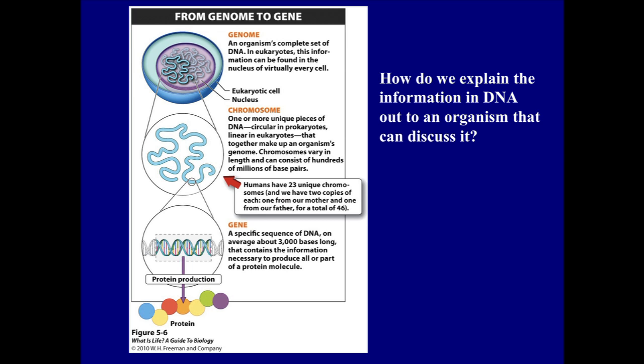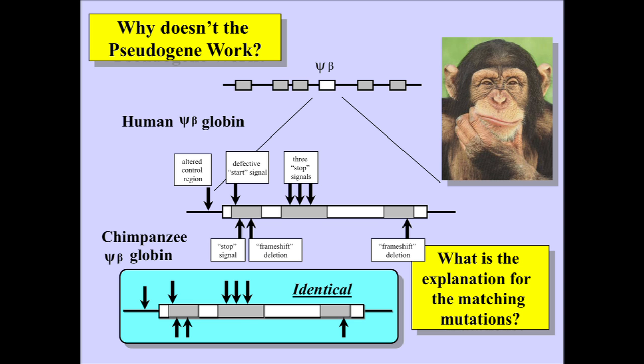How do we explain the information in DNA out to an organism that can finally discuss it, let alone analyze it in terms of speciation? We look at the origin of the pseudogene that I explained for human beta globin, yes, your hemoglobin gene again, which is represented by 6 alleles.